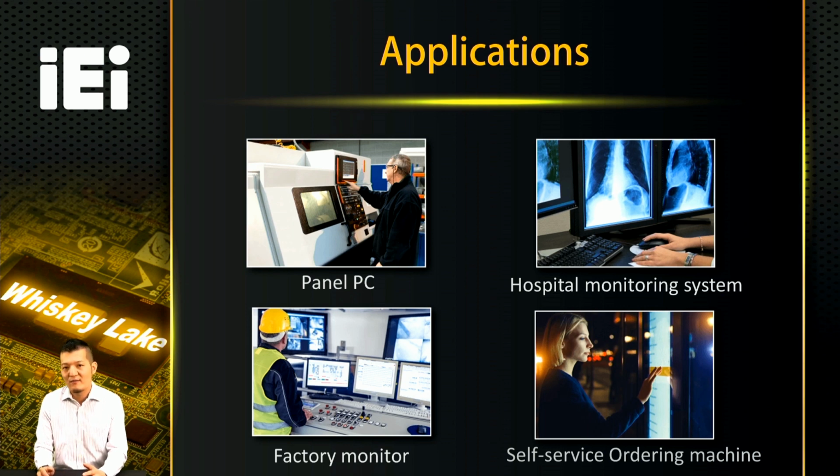And currently we have a new request from our customer using our product on the self-service ordering machine. They use USB and HDMI to connect with their touch panel and use the NANO-ULT5 to transfer customer order to the kitchen. So customer can easily make an order without waiting.